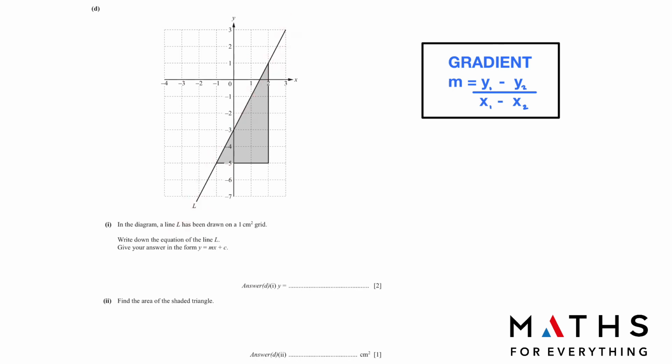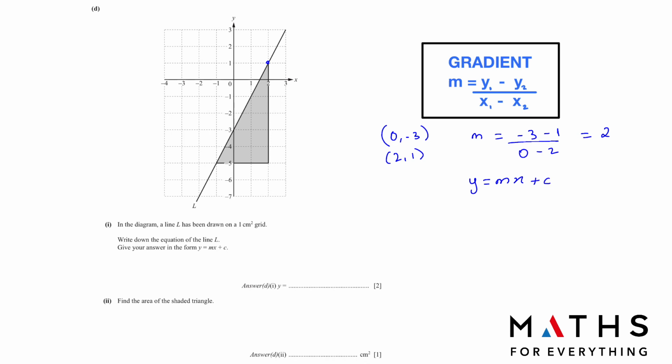Look at this line. What is this point? 0 and -3. And the other one we will take is 2 and 1. So our gradient is going to be -3 minus 1 over 0 minus 2. That is 2. We have to write it in the format y is equal to mx plus c.